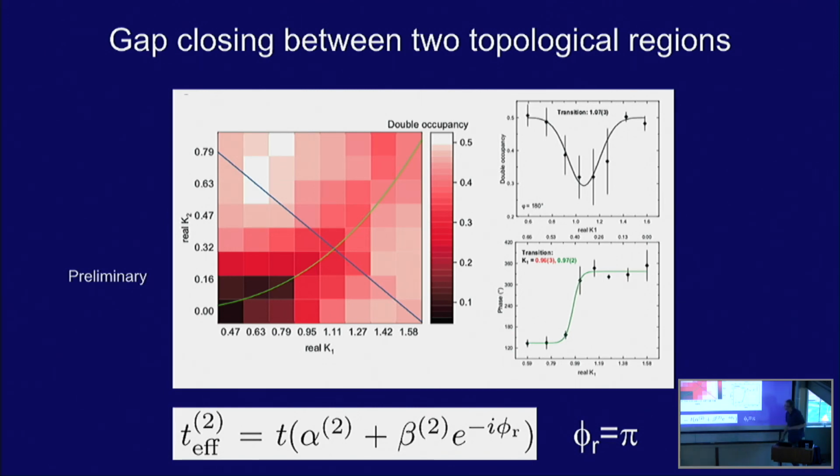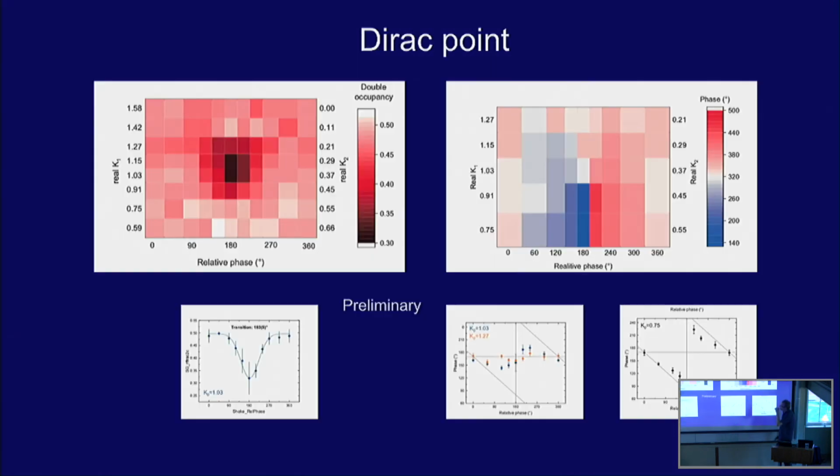And then, that's the last slide, we take a certain K1 and K2, our driving parameters, and change the relative phase, and then we can measure and we see how the double occupancy goes to 0 here at the Dirac point.